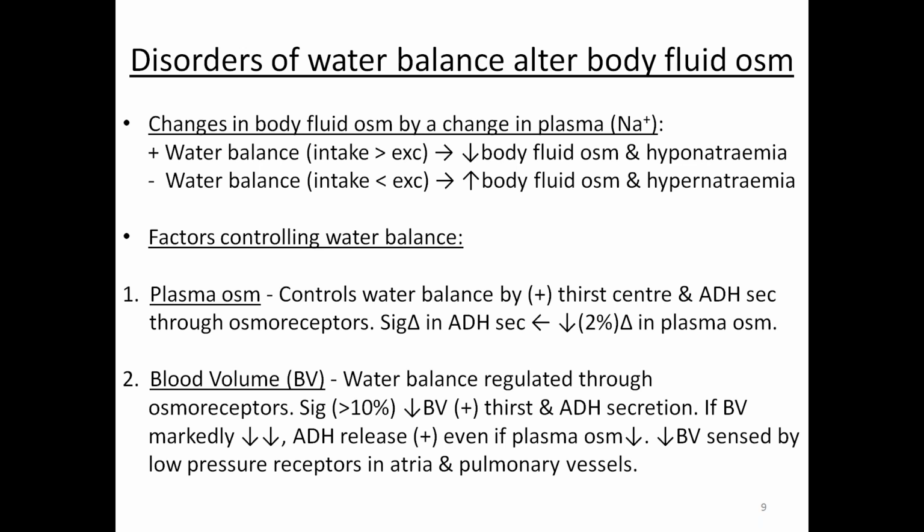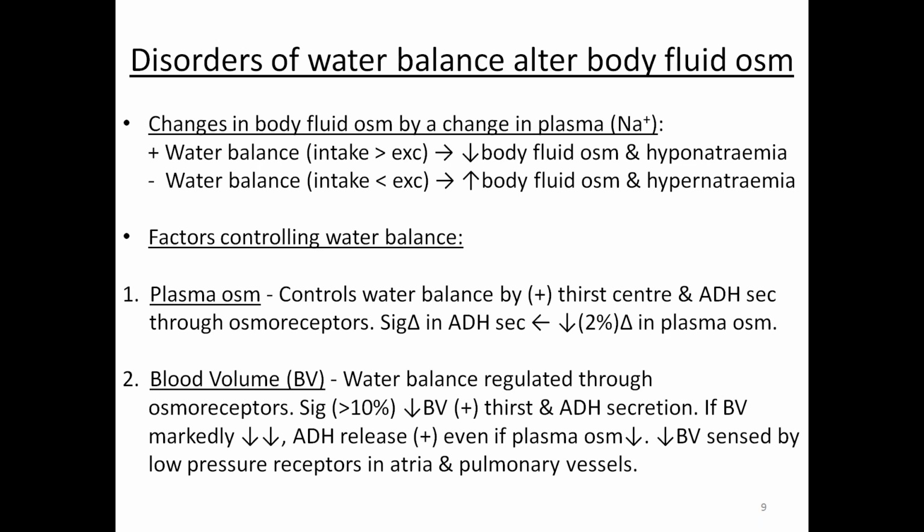What does that mean? That the intake is more than excretion. That results in a decrease in body fluid osmolality and hyponatremia. And then you can have a negative water balance, which means the intake is less than excretion. That would result in an increased body fluid osmolality and hypernatremia.